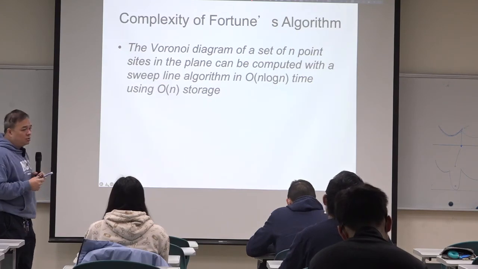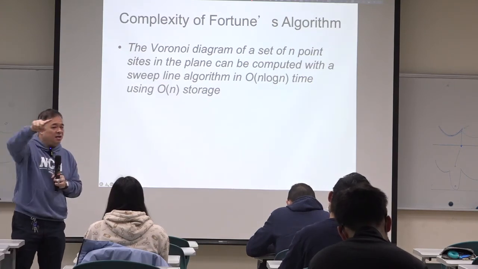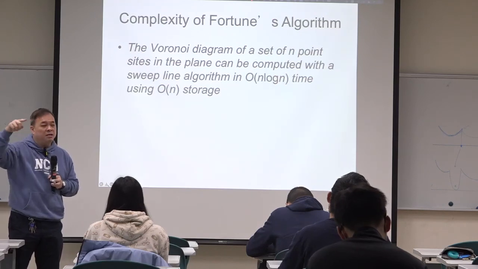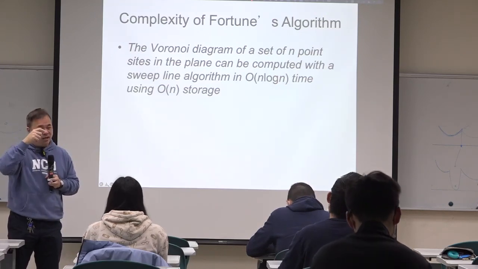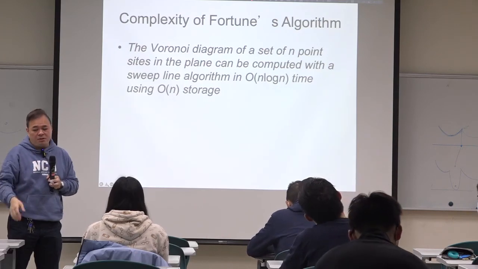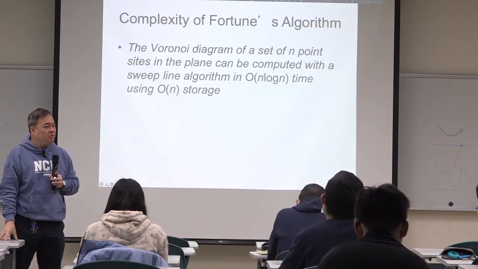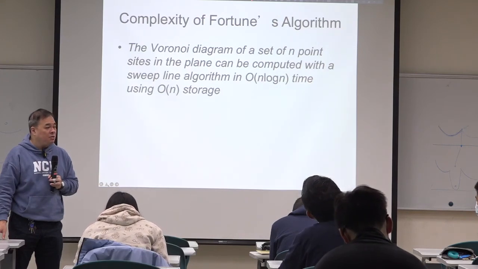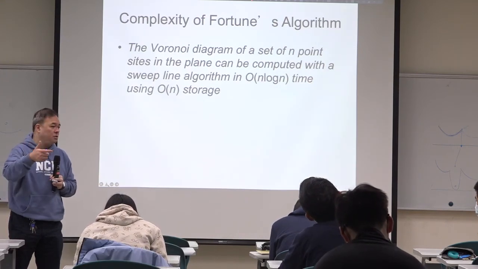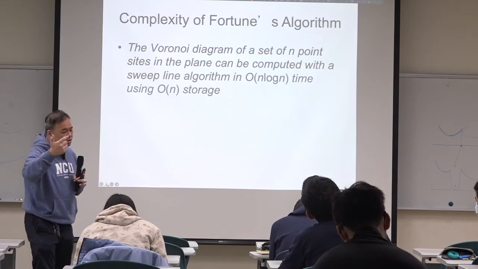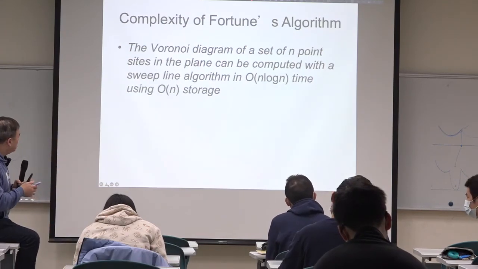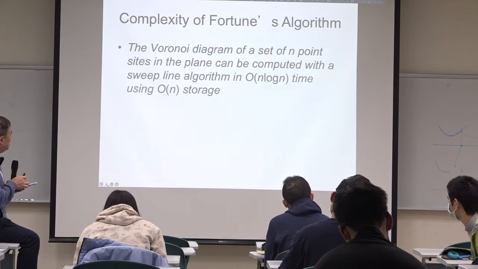It is linear storage because the number of beach line arcs is linear, 2n minus 1, and we have a linear number of vertices and half edges. So the storage is linear.